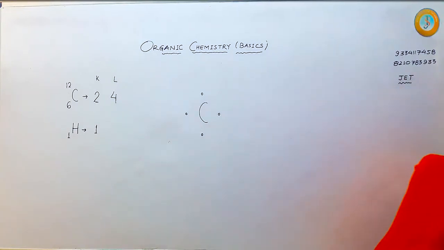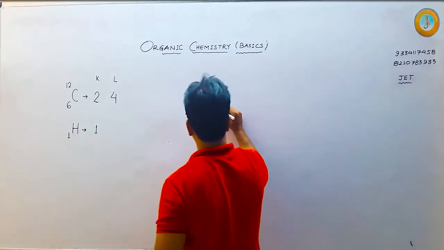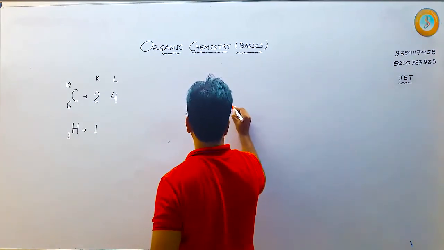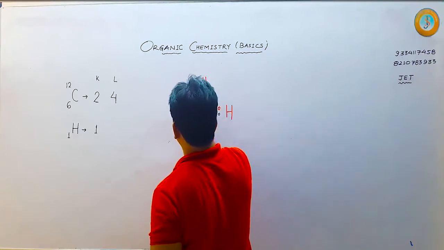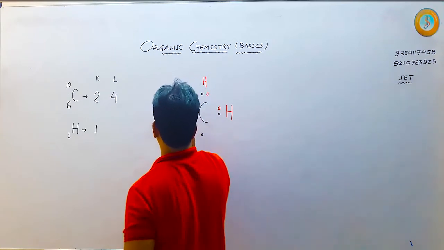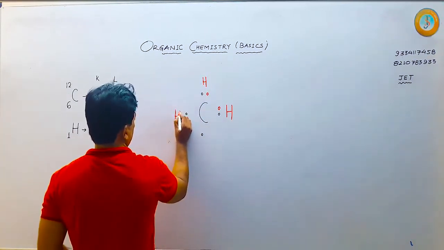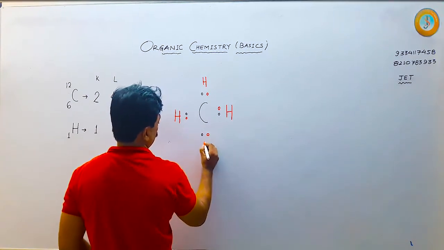I am going to use a colored pen so that you will be able to understand. It will need 4 electrons, so I am putting red for the hydrogen electron. And what will happen? Carbon will form a stable compound.